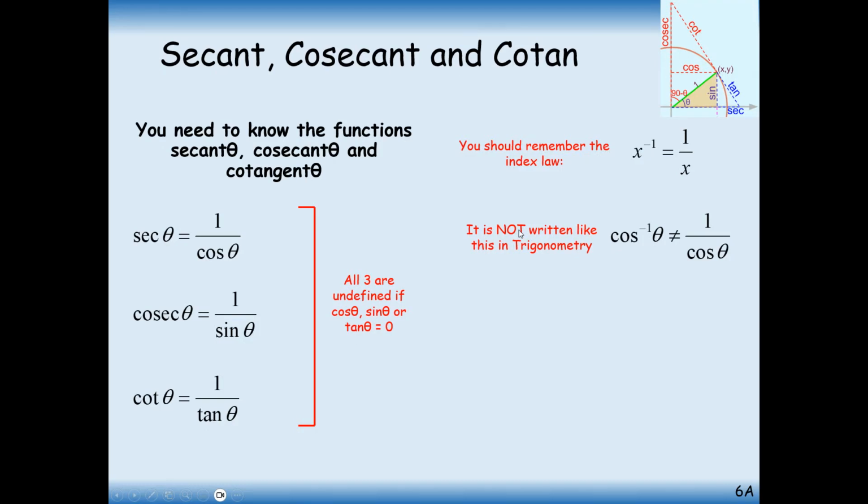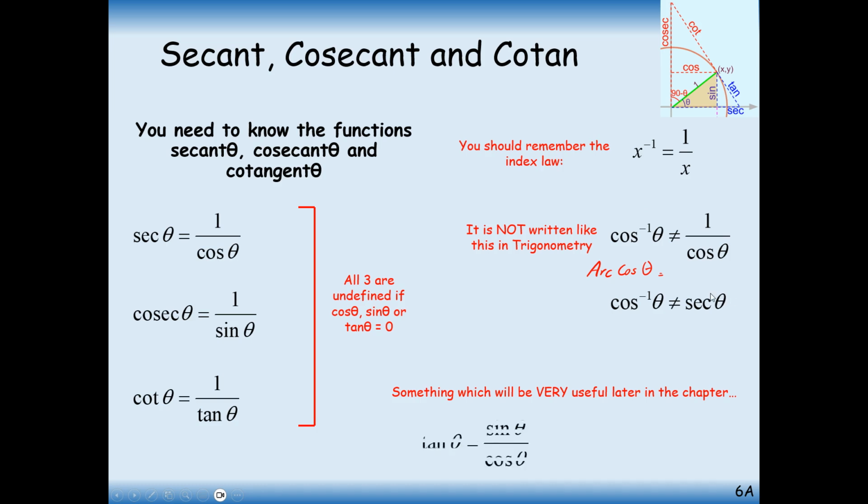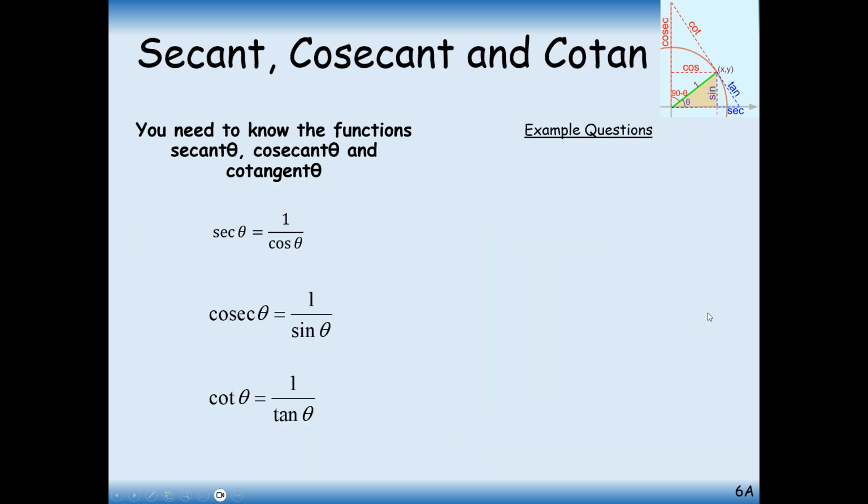And to avoid any doubts and any confusion, that's why mathematicians use the word arc cos rather than cos inverse. So that when they say arc cos, they mean the inverse of the function. So these are not the same thing, and that's not the same as secant. So don't confuse that. Similarly, don't confuse cosec with the inverse of the sine function. They're not the inverse of, they are the reciprocal of the function.